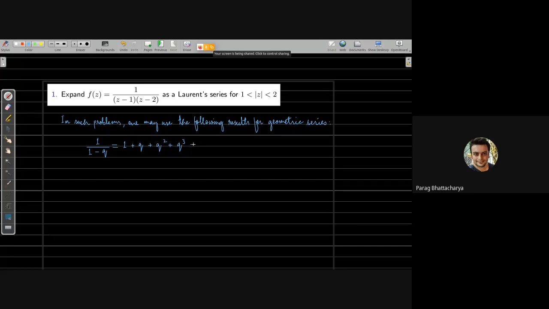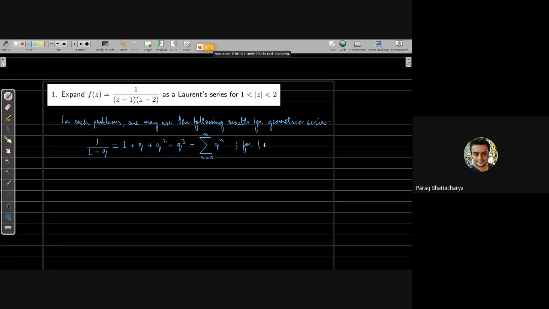If you write this as a summation, this is equal to the summation of q to the power n, where n goes from 0 all the way till infinity.